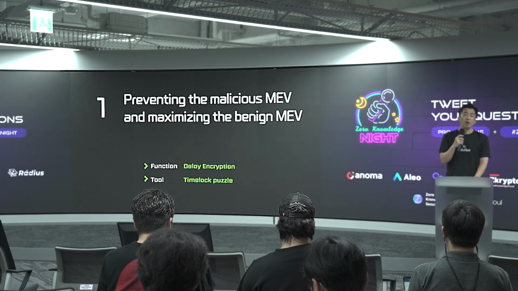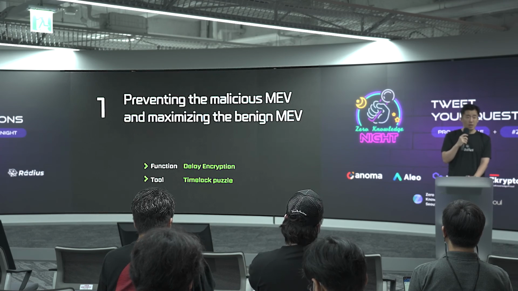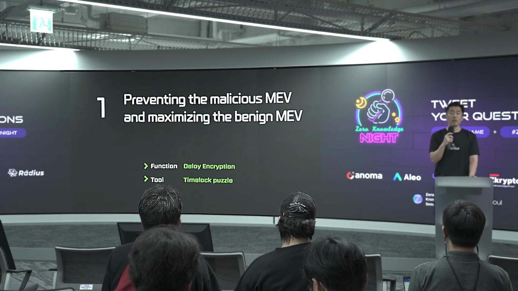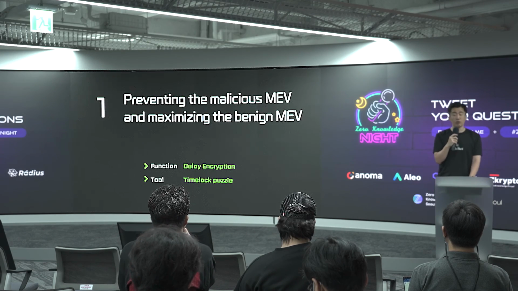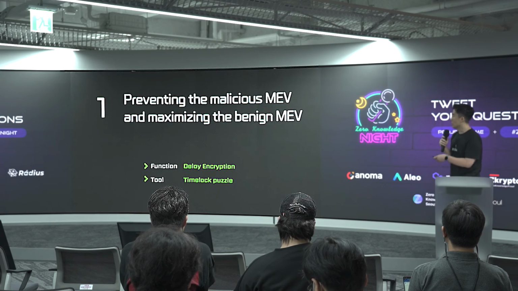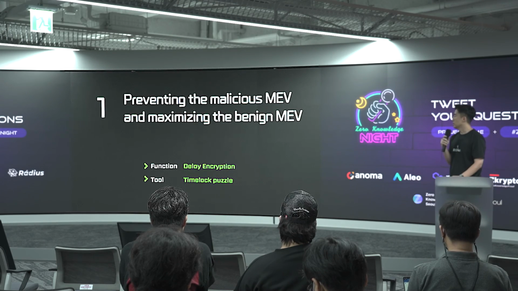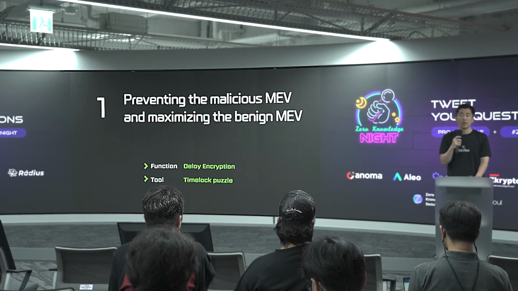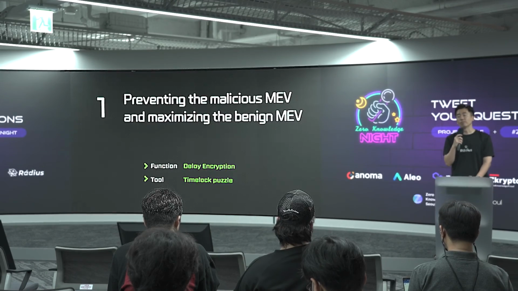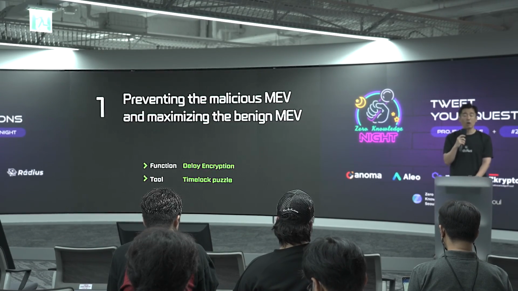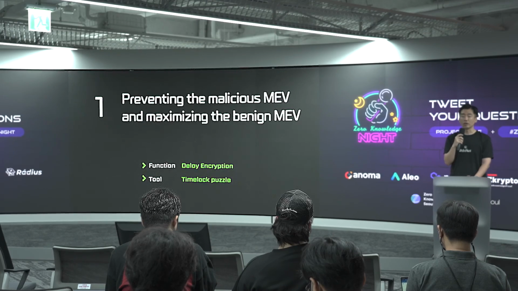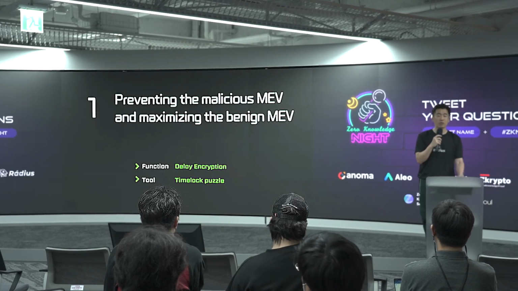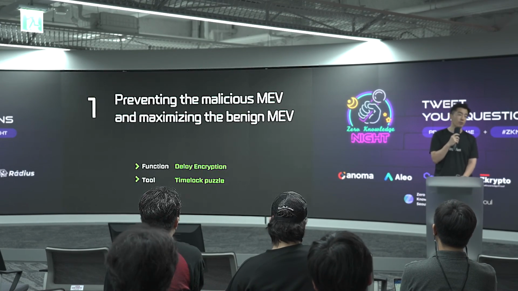A timer puzzle is a specified number of sequential computations. The result of the timer puzzle is going to be used as the encryption key to encrypt your transactions. Miners or MEV searchers have to determine transaction orders without seeing the contents of transactions. And then after determining the transaction order, the encrypted transactions are going to be decrypted automatically.